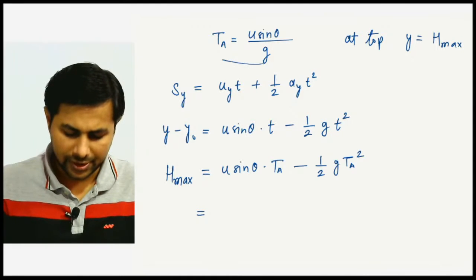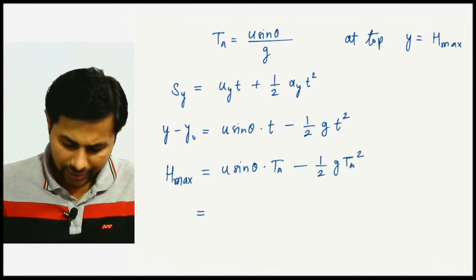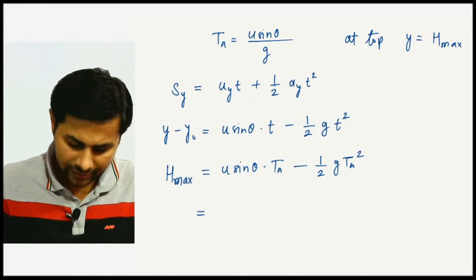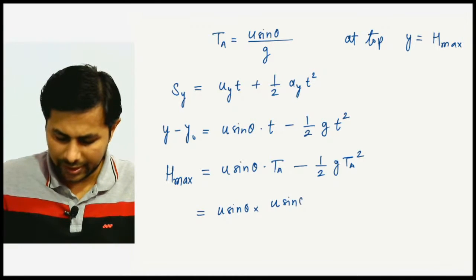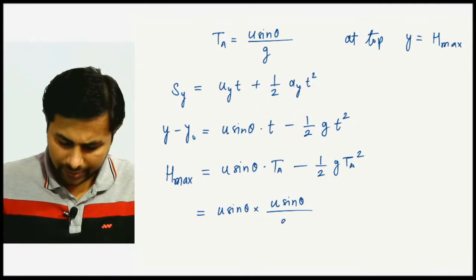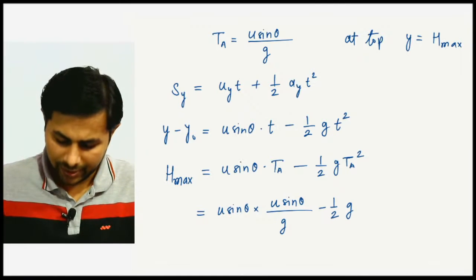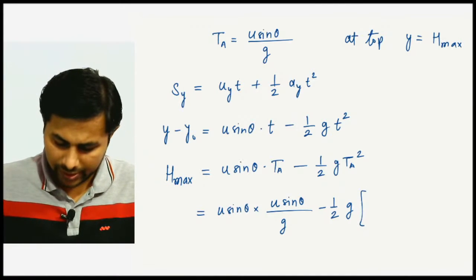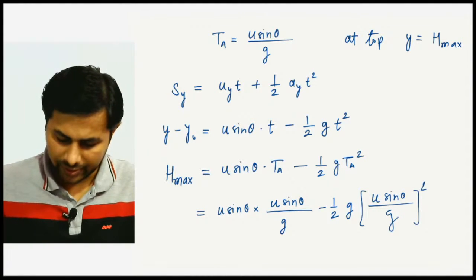Now let's substitute this equation for Ta, the time of ascent. So we get u sine theta times Ta is u sine theta times g divided by g, minus half of g multiplied by Ta squared, which is u sine theta over g squared.